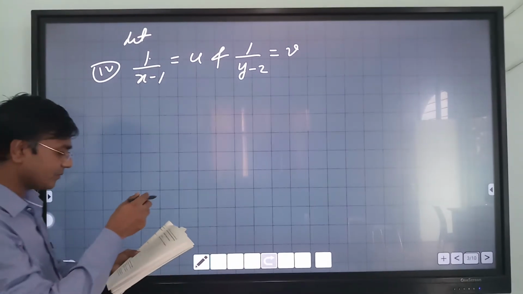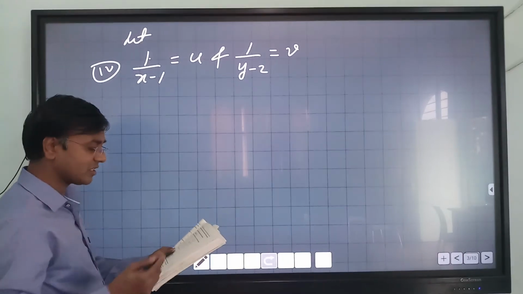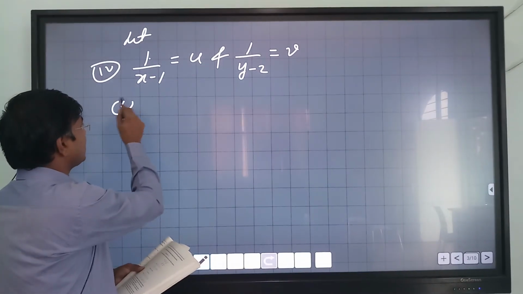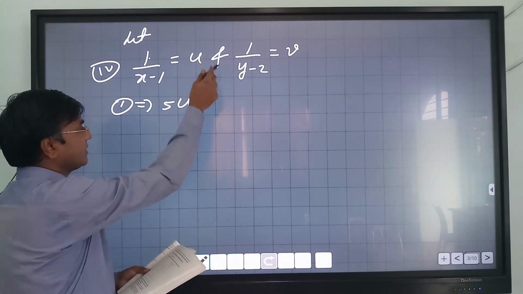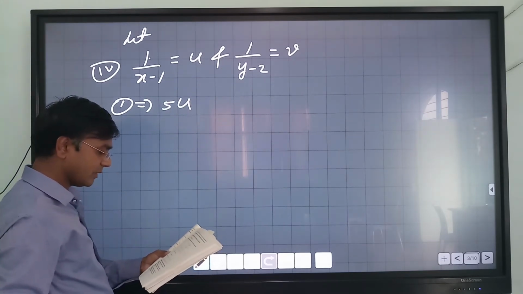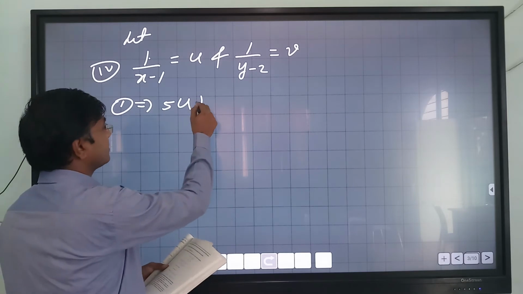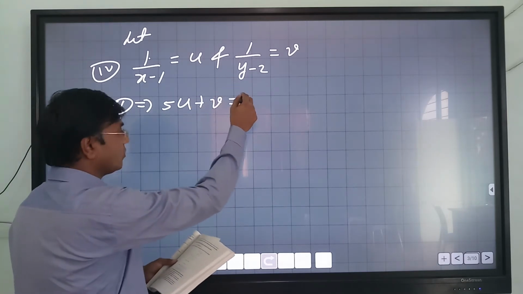So let's write from the books you will write the equation first and second. So first implies 5u after replacing this by u and v plus v equals to 2.